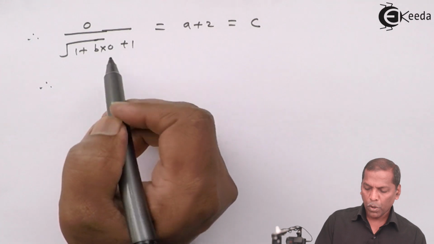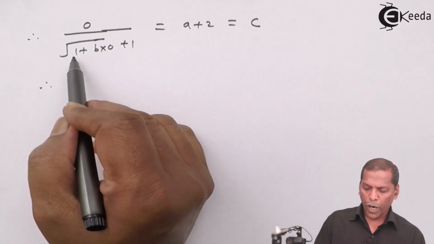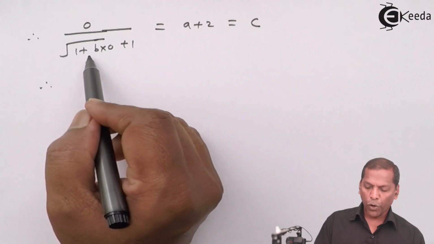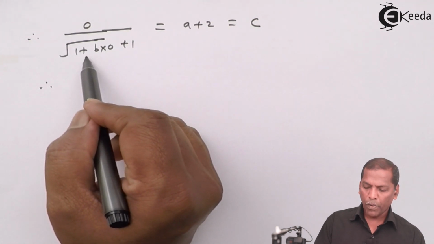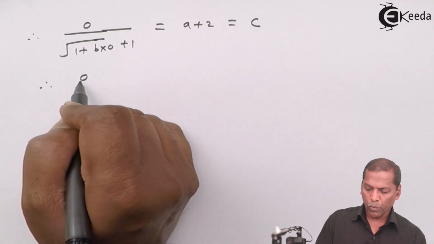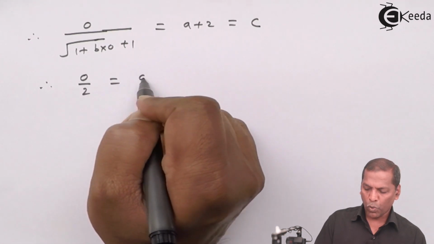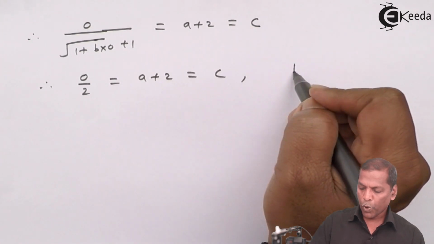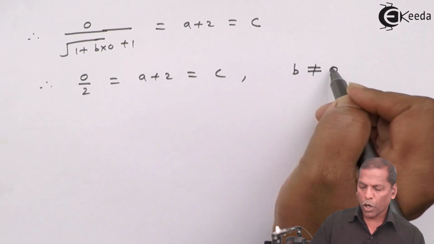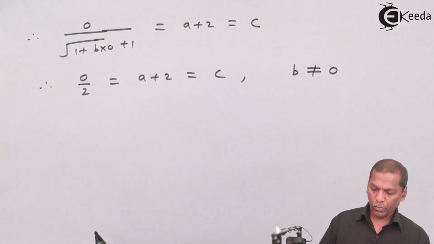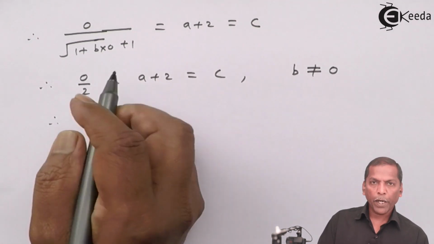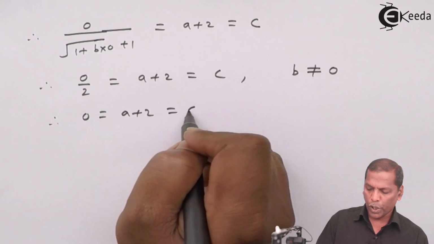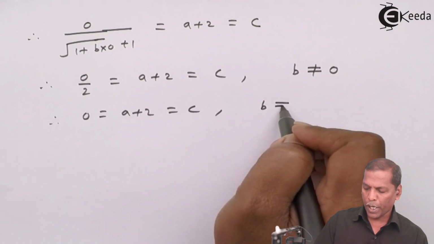So this gives now square root of 1 plus b into 0, that gives 1, square root of 1 is 1, and 1 plus 1, so we get 2. So 0 upon 2 is equal to a plus 2 equal to c, provided b not equal to 0. Now 0 divided by 2 gives 0, is equal to a plus 2, is equal to c, provided b not equal to 0.